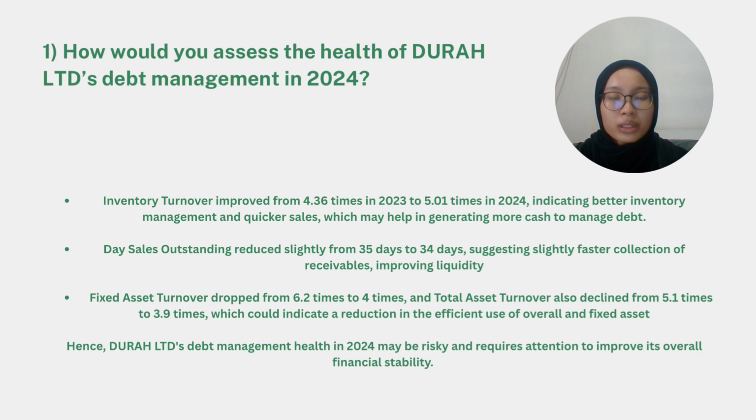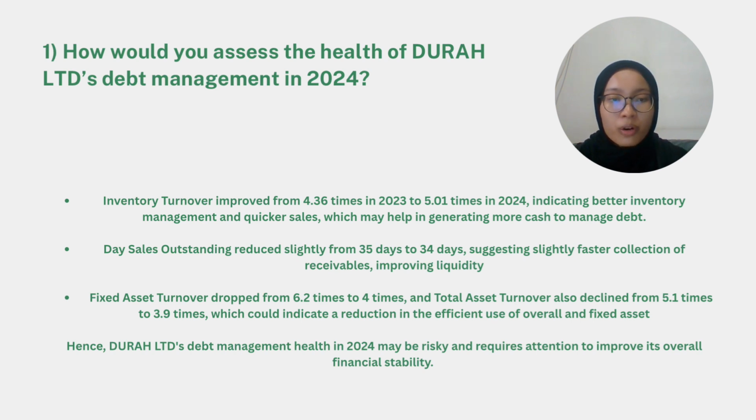For example, the inventory turnover ratio increased from 4.36 times in 2023 to 5.01 times in 2024, reflecting improved inventory control and faster transformation of inventory into sales revenue.